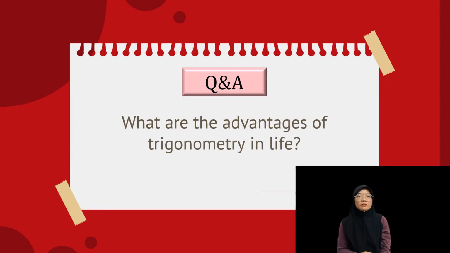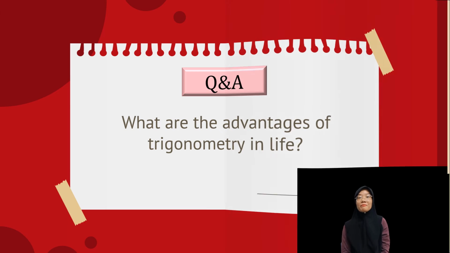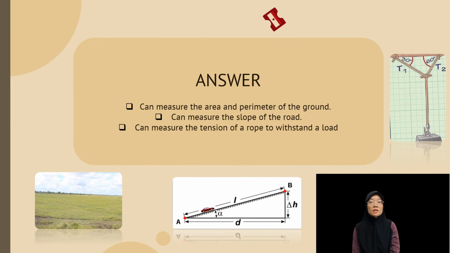Q&A, question and answer. What are the advantages of trigonometry in life? Okay, the answer is we can measure the area and perimeter of the ground. There is a difference between area and perimeter.